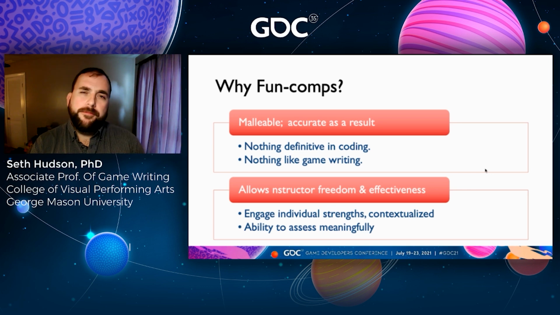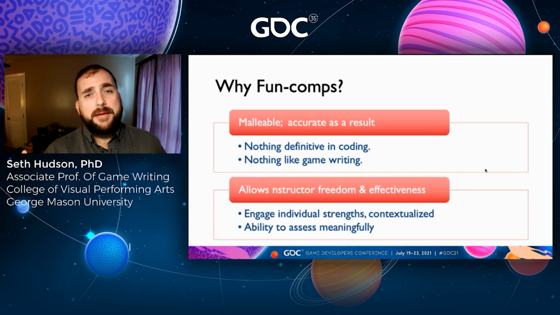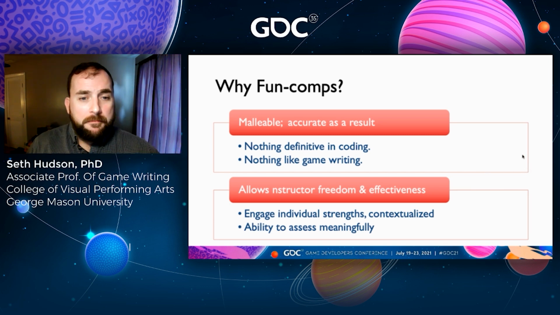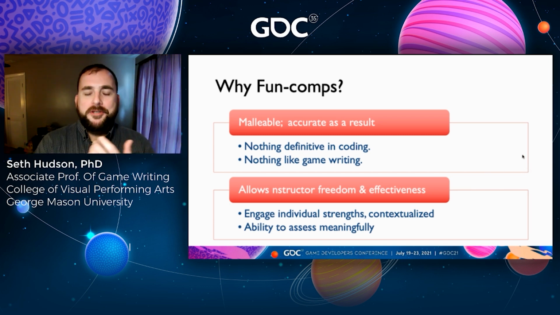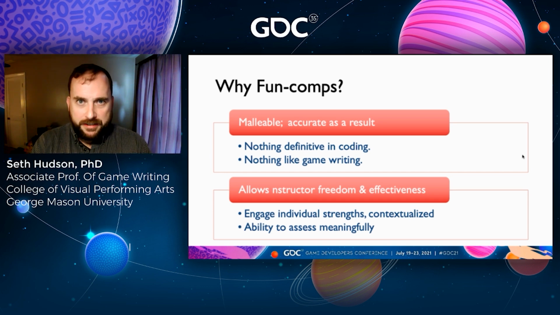But it really confirmed there's really no one thing like game writing, because game writing has to shift and be agile. And then I also realized, and I see my typo, but I'm just going to live with that, it allows instructor freedom and effectiveness.